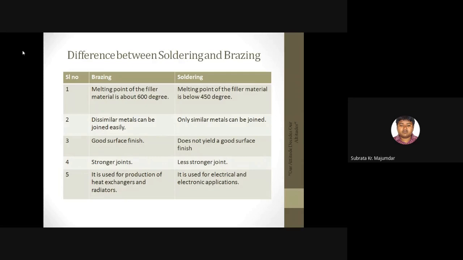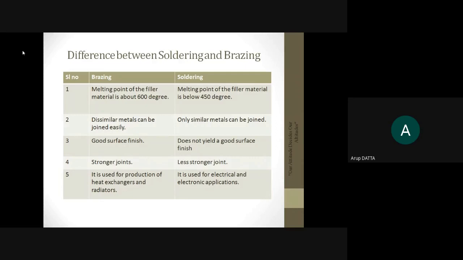Whenever you make a note in your exam copy, obviously you can add some extra points to these five. You can at least mention 9 to 10 points in your written answer in your examination. Acha, Arup, any queries on the difference between soldering and brazing? No, sir.